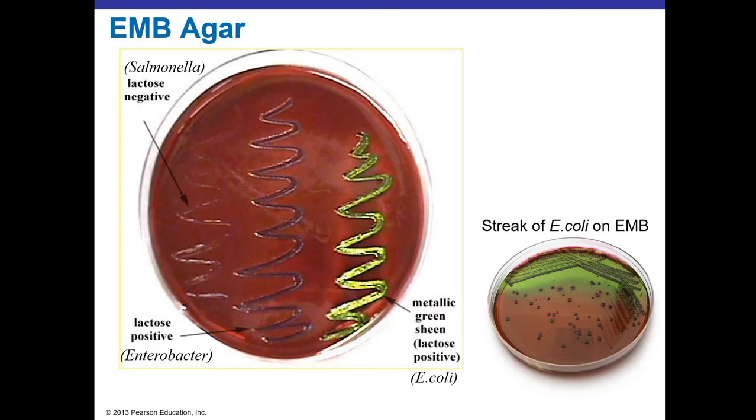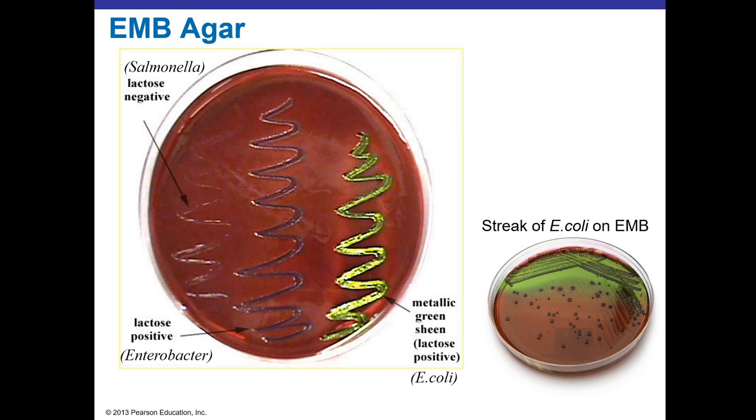So looking at the EMB agar, we see to the left-hand side, the Salmonella is lactose negative, and so this one is going to just be kind of a light color, but really just reflecting the color of the media. The middle squiggle there is our Enterobacter, which is lactose positive.